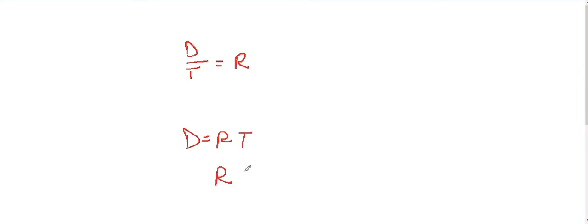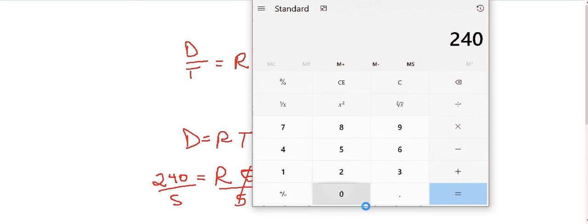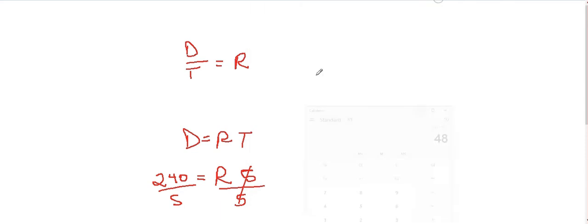And then we have to add the times. 2 plus 3 was 5 hours. And the distance is 120 twice. So we divide the total distance by the total time. And that comes to, hopefully the right answer, 48 instead of 50.